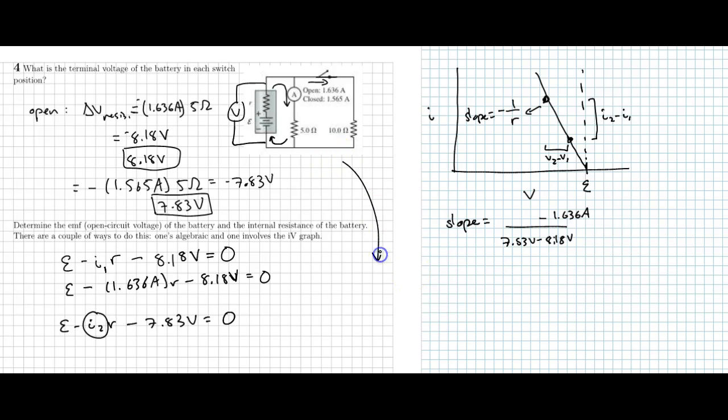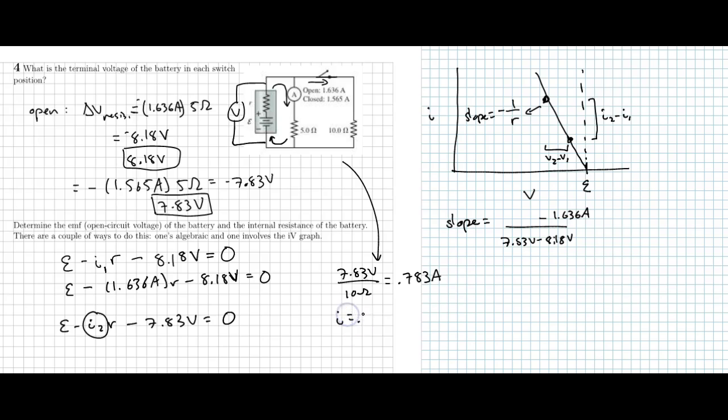Okay, so I know that the voltage change across the resistor is 7.83 volts. The voltage change across that resistor is 7.83 volts. Over 10 ohms is 0.783 amps.